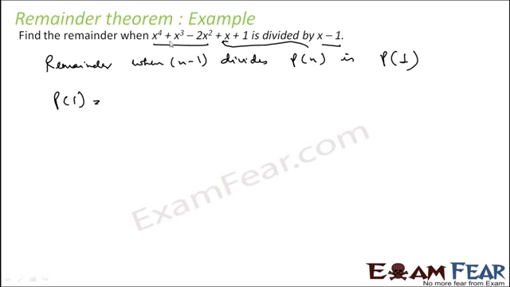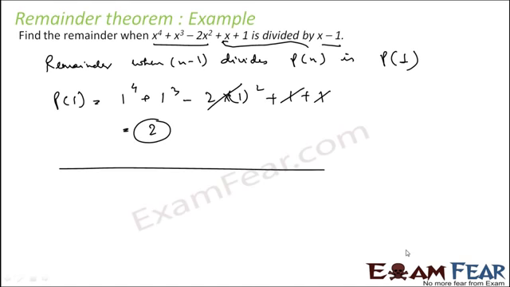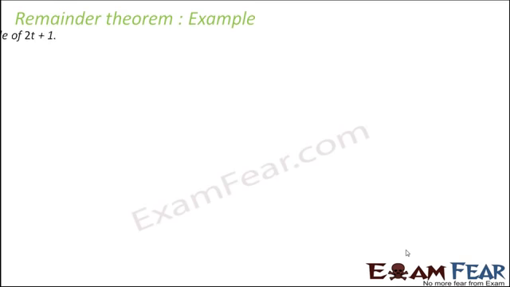So let's find p of 1. p of 1 will be 1 to the power 4 plus 1 to the power 3 minus 2 into 1 to the power 2 plus 1 plus 1. So this becomes 2. So the remainder is 2. Pretty easy. Shortcut to find the remainder.